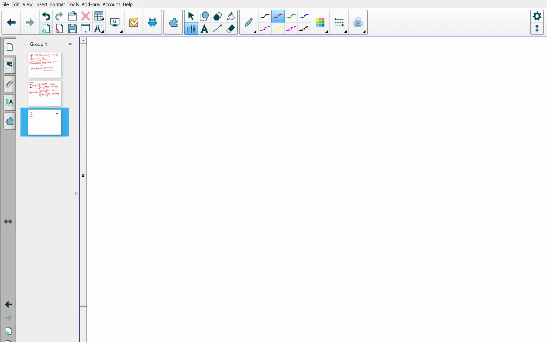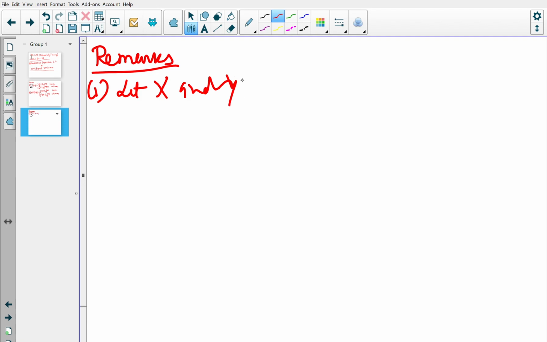So let me remark. Remark 1: what happens if X and Y are independent random variables?